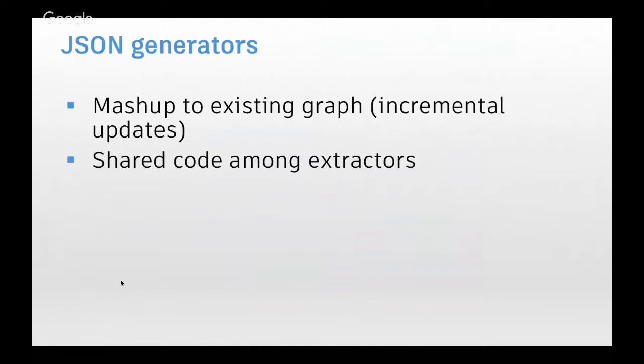And so really, the JSON outputs to the existing graph, so you can incrementally update the graph. And the extractors share a lot of code, so really they can focus on their business logic, specifically on their business logic.